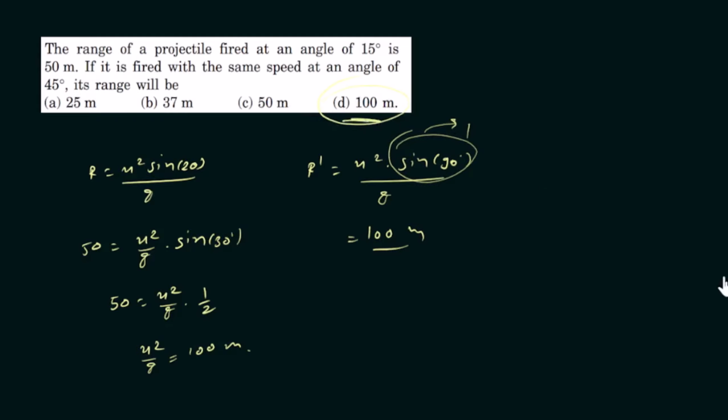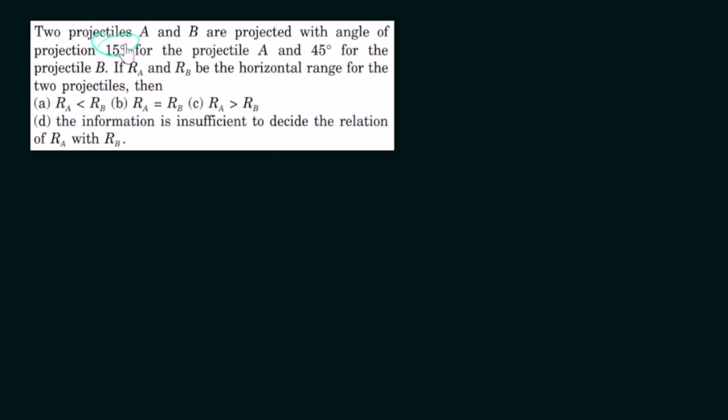Now our next problem is: two projectiles A and B are projected with angle of projection 15 degree for projectile A and 45 degree for projectile B. R_A and R_B are the horizontal ranges for the two projectiles. We have to find the correct answer. We have the formula R_A equals u_A square sin 2 theta, 2 into 15 is 30, divided by g.